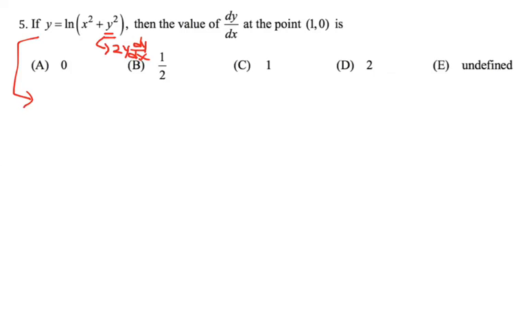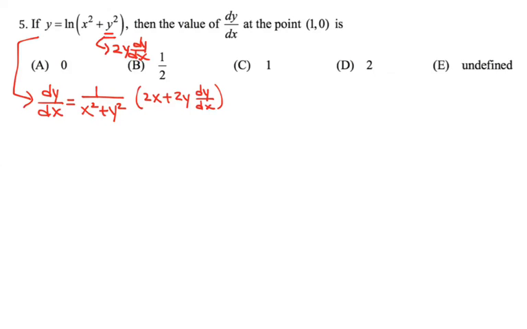Taking the derivative of this one, the derivative of y becomes simply dy over dx. And then ln becomes 1 over x squared plus y squared. But by the chain rule, we end up getting 2x plus 2y dy over dx.